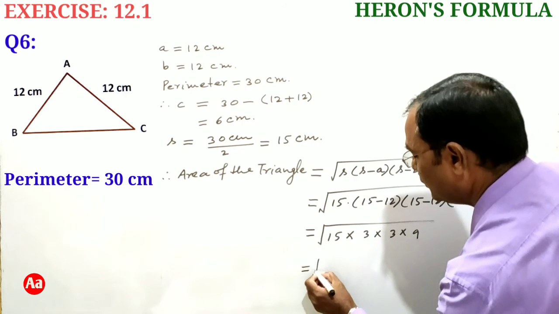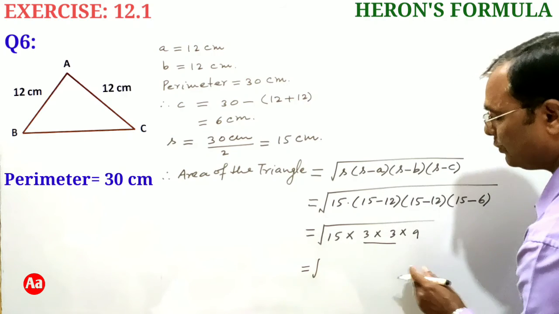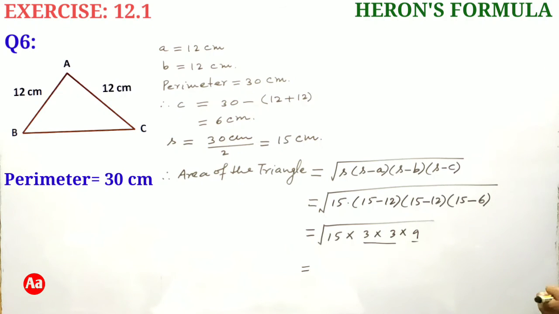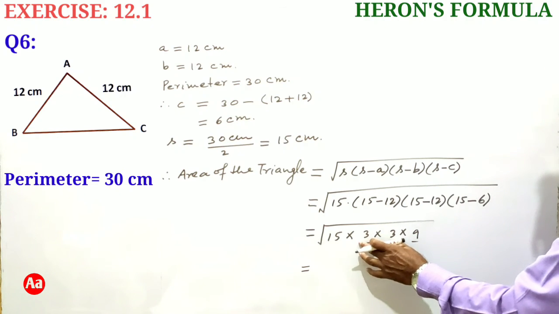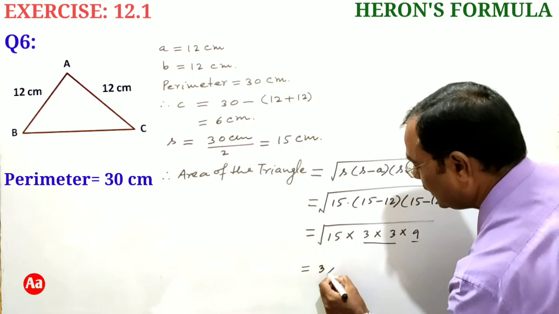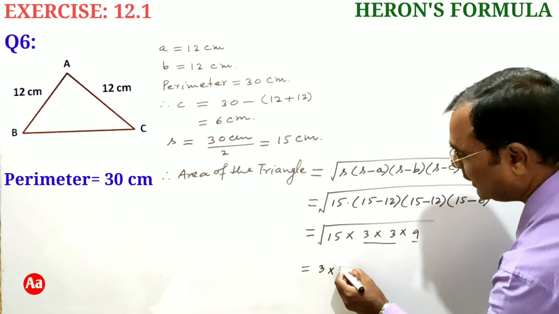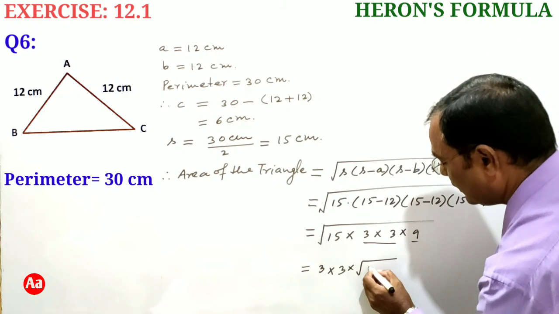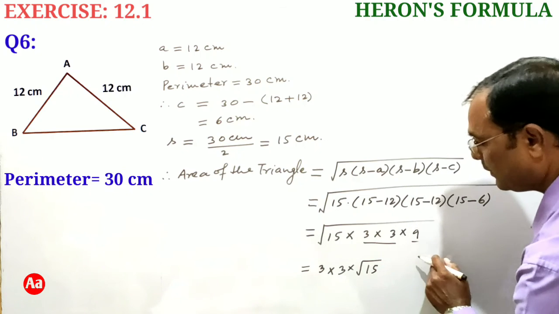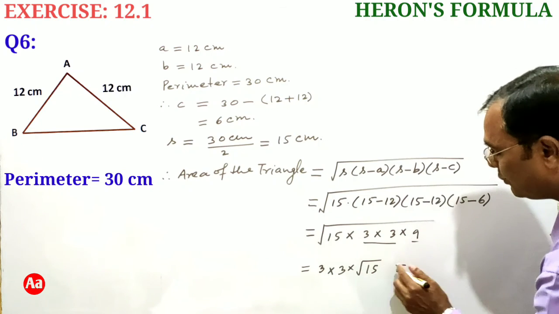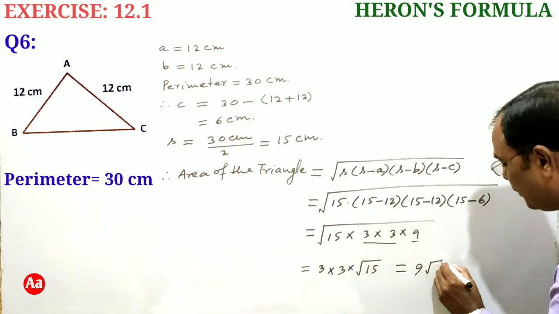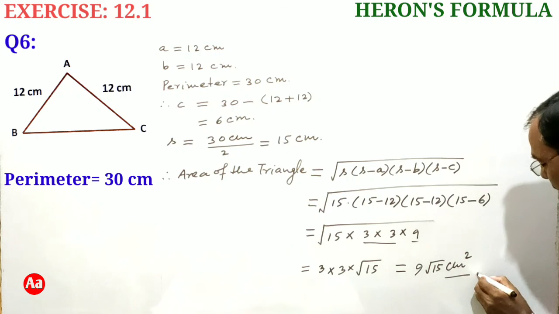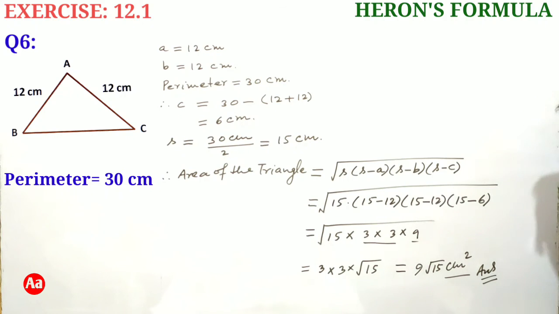This is equal to, see, 3 into 3 is a perfect square number, 9 is also perfect square number, so square root of 3 into 3 is 3 into square root of this 9 is also 3 into under root 15, which is equal to 3 into 3, 9 under root 15 centimeter square, and this is area of the isosceles triangle.